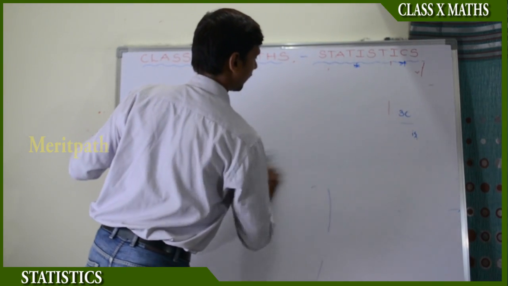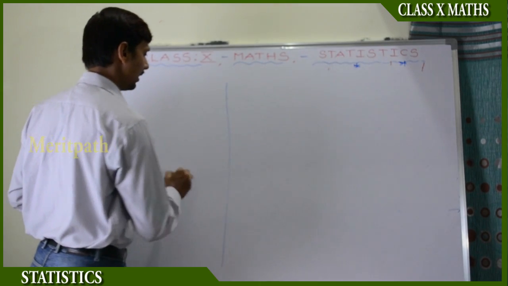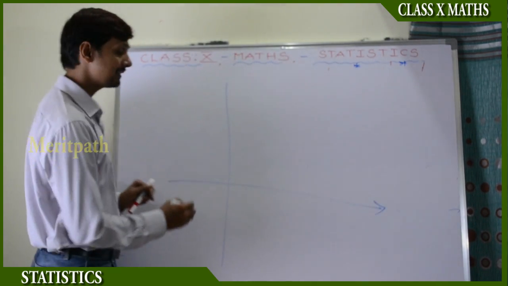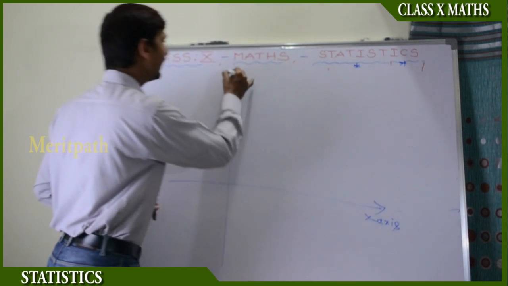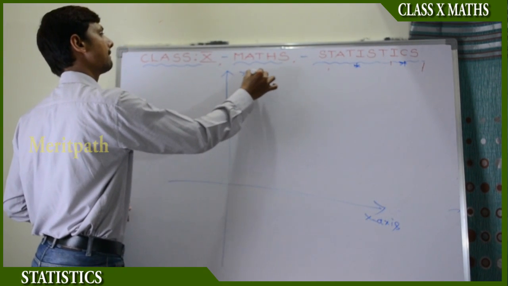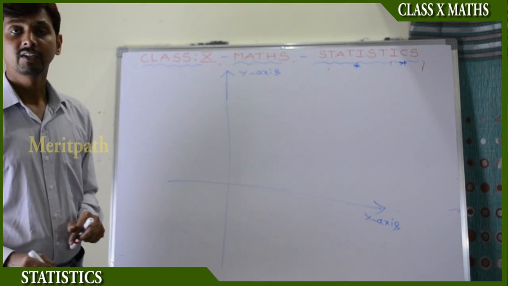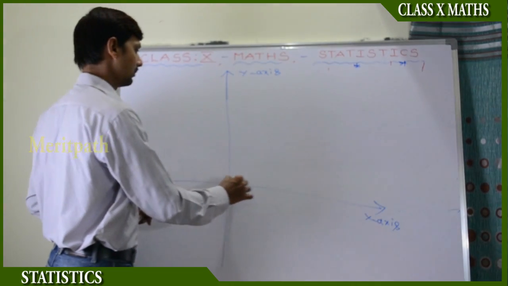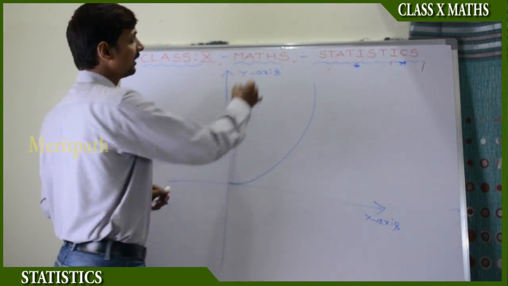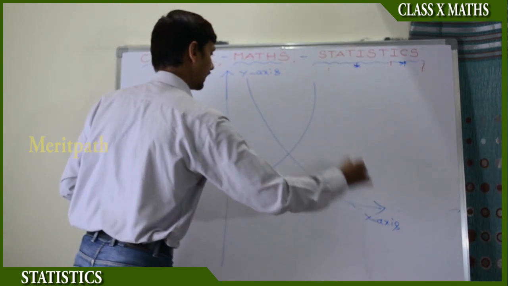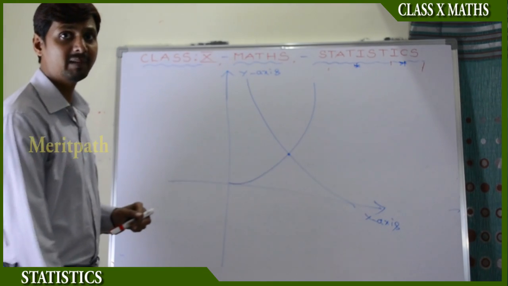let's draw the x-axis. Sorry, this is the x-axis and this is the y-axis. And we plot the points of the less than cumulative curve. For example, we'll get it like this, and the greater than cumulative frequency curve like this, and where these meet together, what is the value we get here?